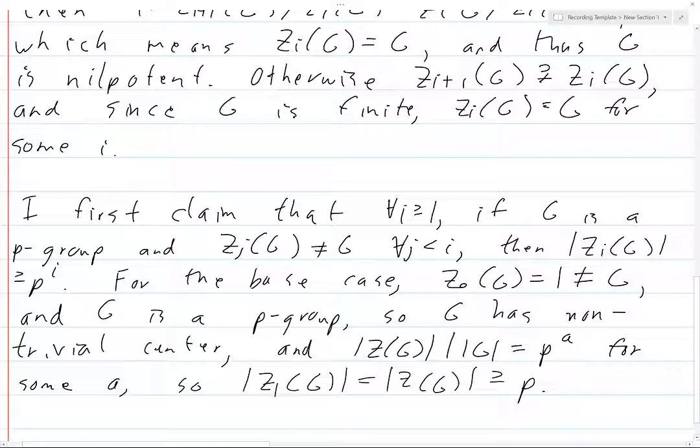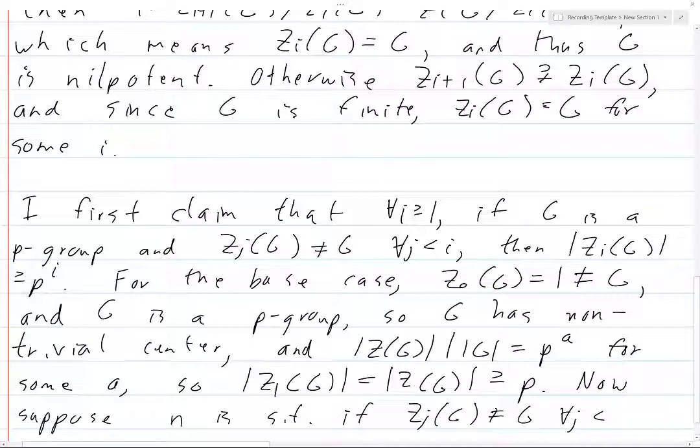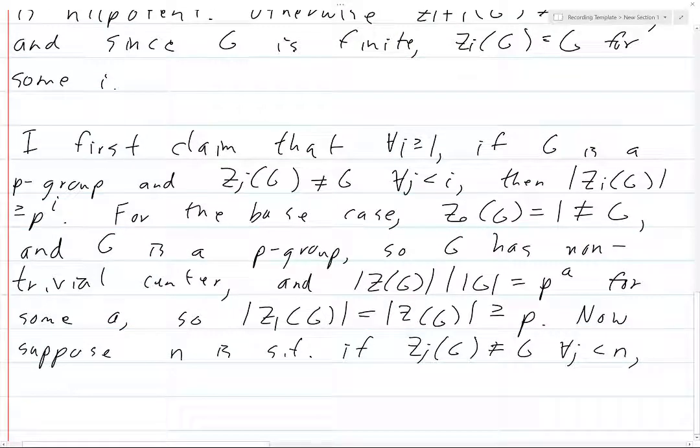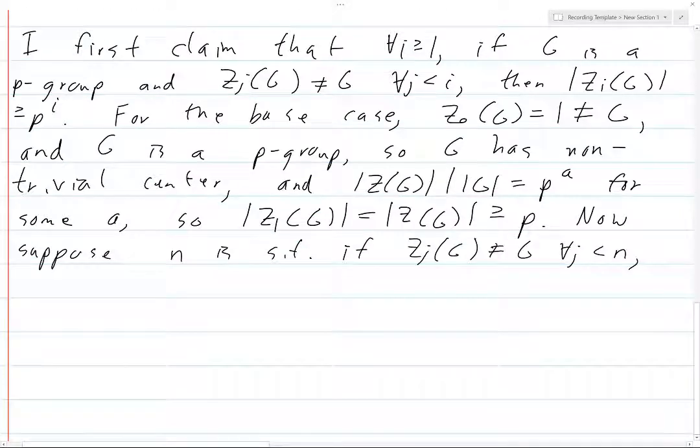Now suppose n is such that if Z_j G is not G for all j strictly less than n, then Z_n G has order greater than or equal to p to the n.